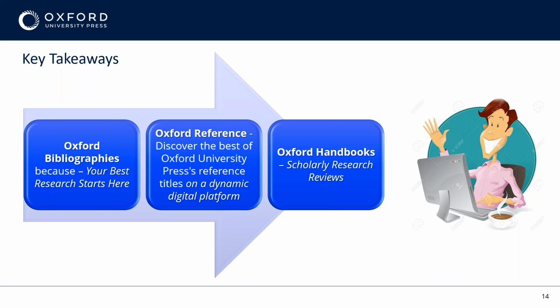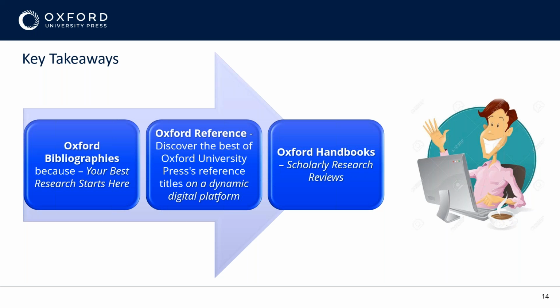Oxford Reference. It is a dynamic digital platform. You can learn a new language. You can look at the dictionary meanings. You can look at articles. You can look at timelines. So there's so much that you can see.